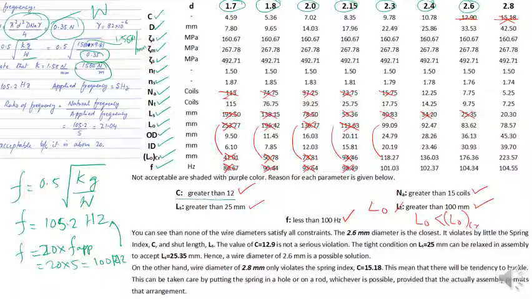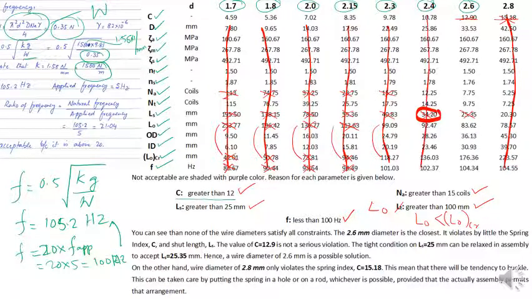So this is out, this is out, this design is out, this design is out. Here is a serious violation. This design is out. This is a serious violation here, you see. This design is out. Now, do I have a choice? The answer is, according to this table, no, I don't have any choice.